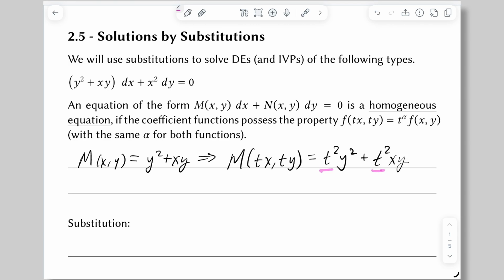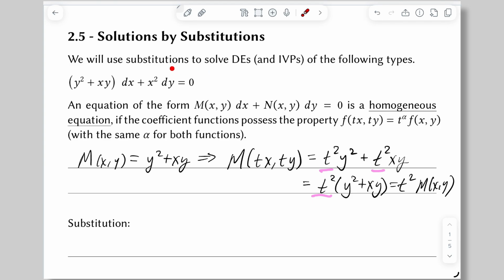That t squared can be factored out of both terms, giving the result t squared times (y squared plus xy), which is t squared times m of xy. Our solving doesn't really have anything to do with the t at all. This is simply a verification that m possesses this homogeneity property.